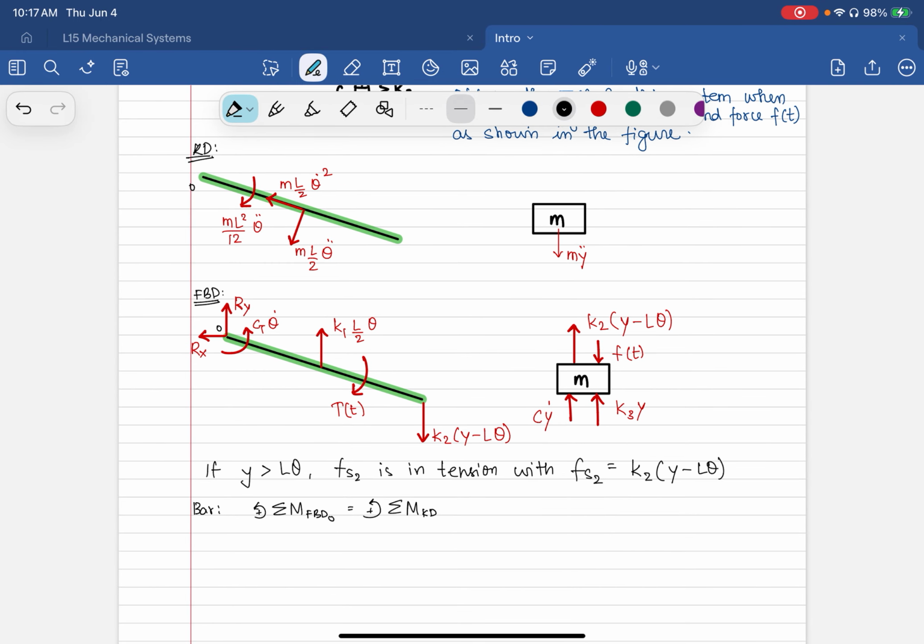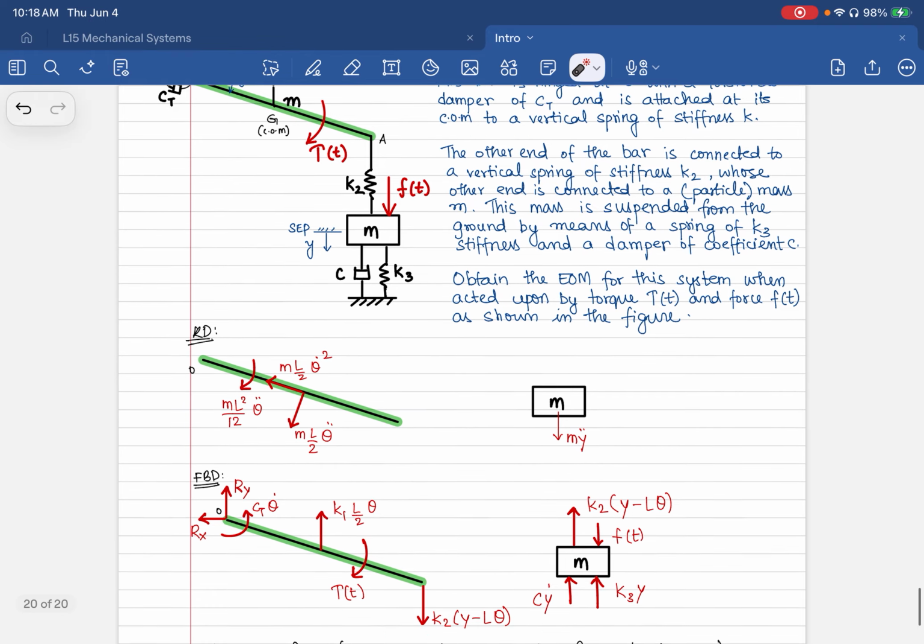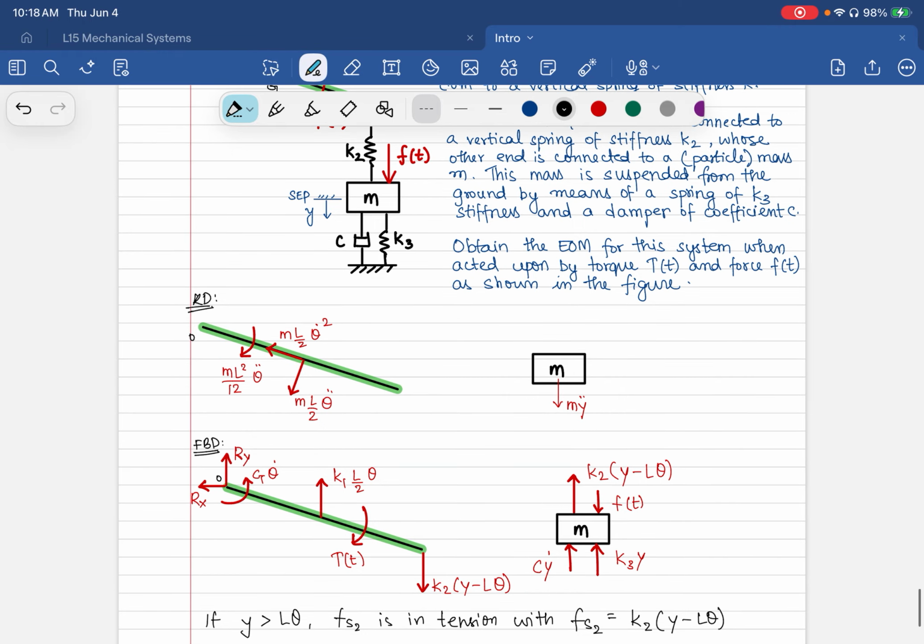So starting with the free body diagram, we have first the moment c_t theta dot minus tau of t. Then we account for the forces. So these forces have zero moment. This one is at a distance, well, the line of action is at a distance of L by 2 cos theta, because we have theta defined in this way.